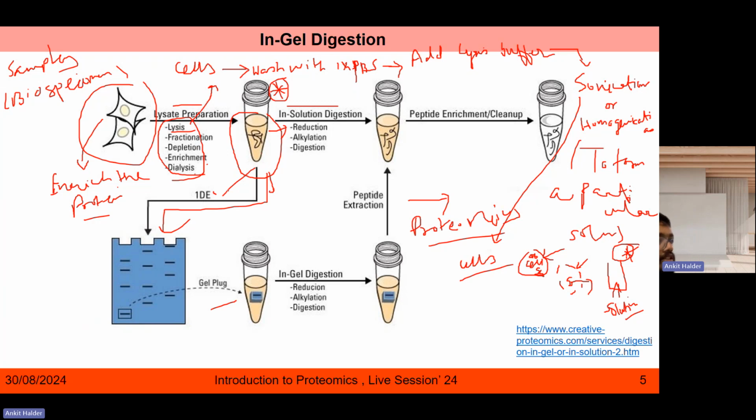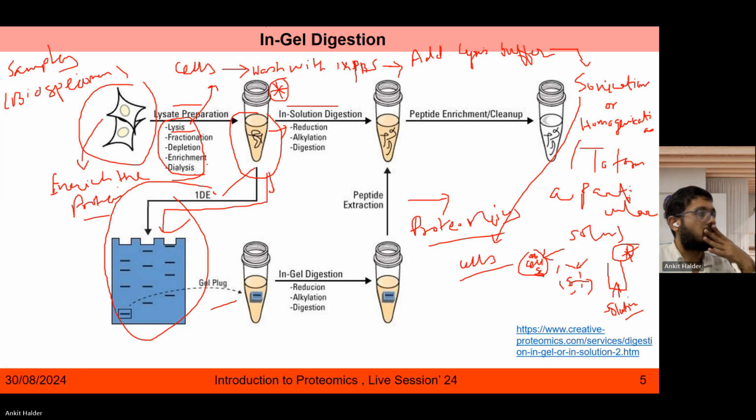So for instance, if we go through this route, we will prepare the gel and run our gel here, which shows our protein bands. Now we can excise one particular band and take it into the tubes and perform the solution.